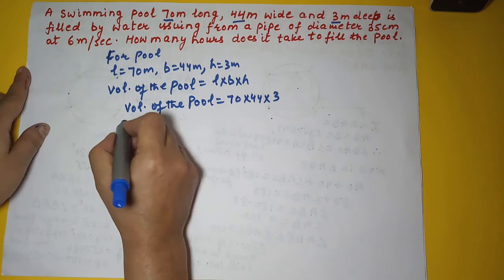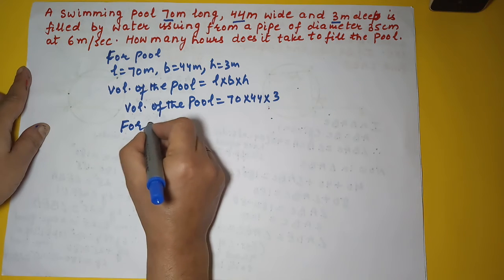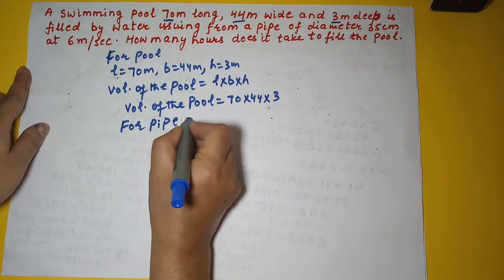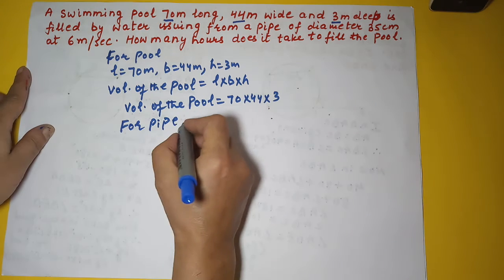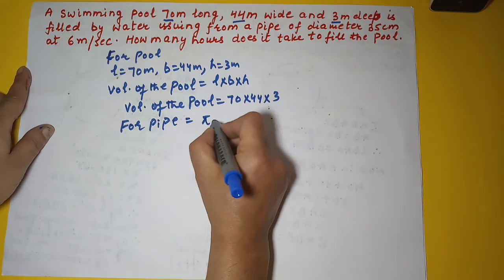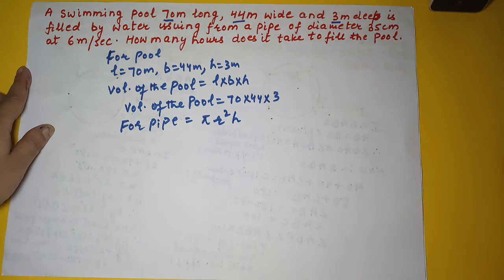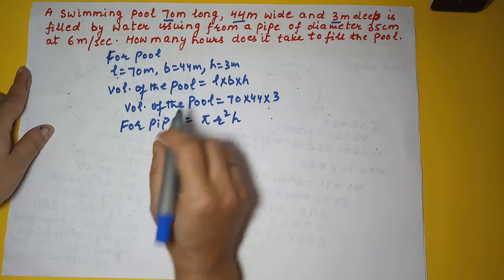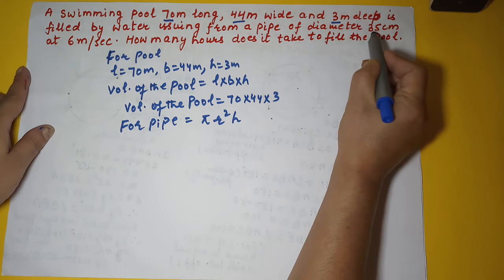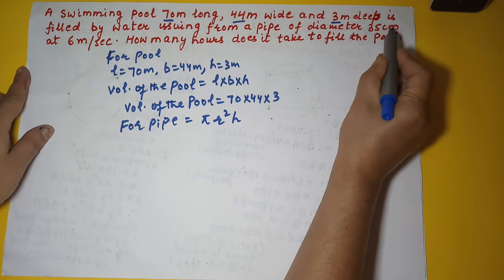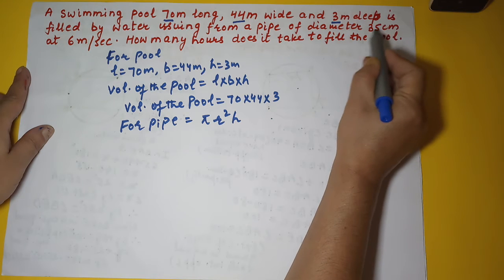Now for the pipe, which is a cylindrical one, I need to know the volume of the water flowing through the pipe. So for the pipe, it's a cylindrical one, so volume will be pi r square h. Pi value I know, and he's also saying that the diameter of the pipe is 35 centimeters. So this is the diameter.